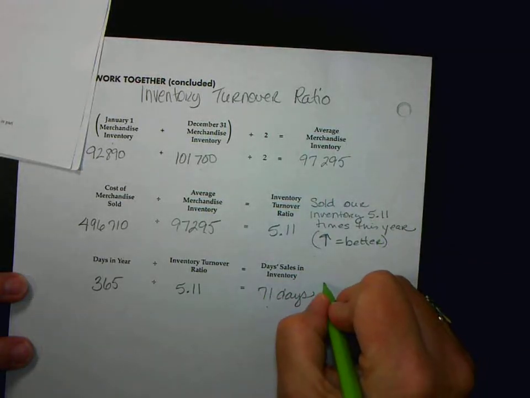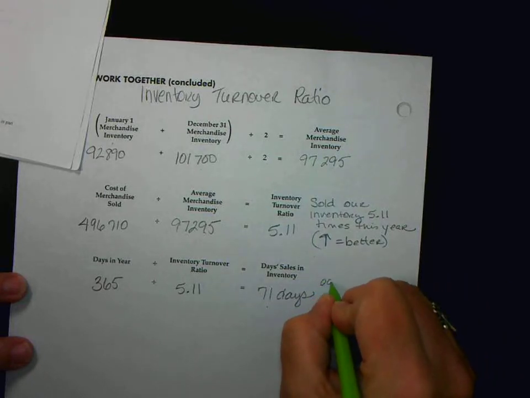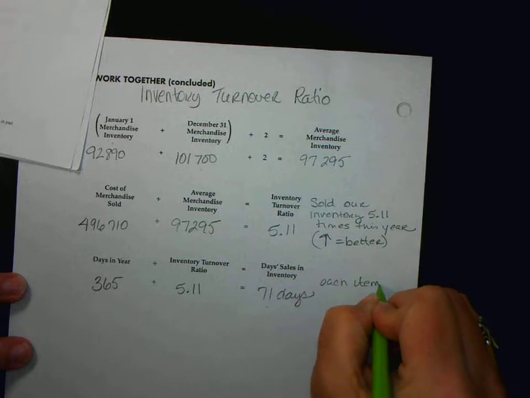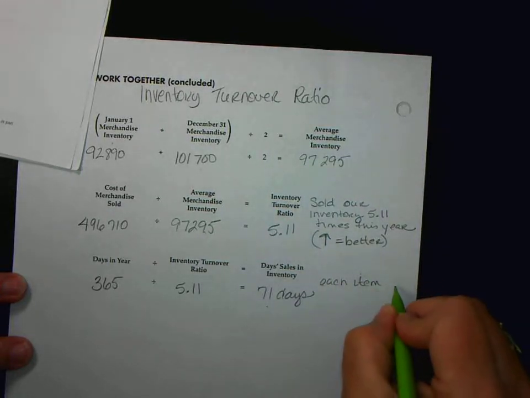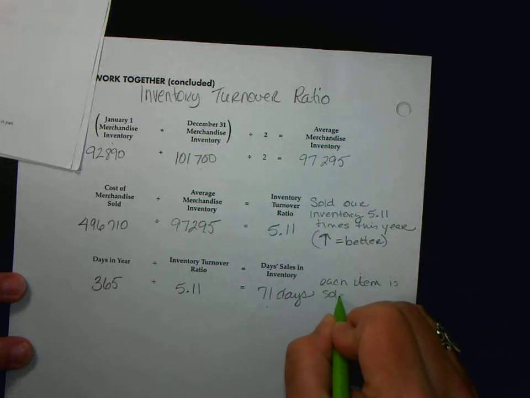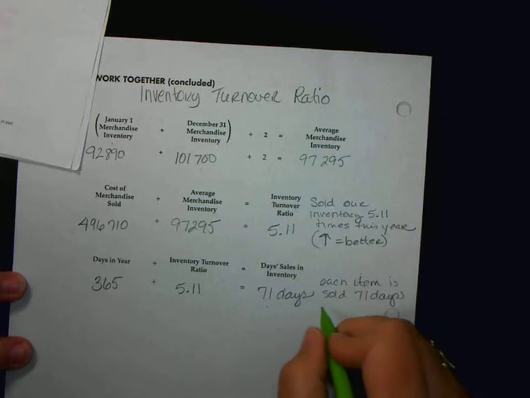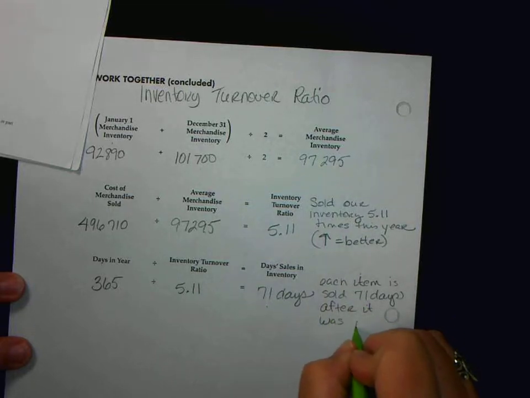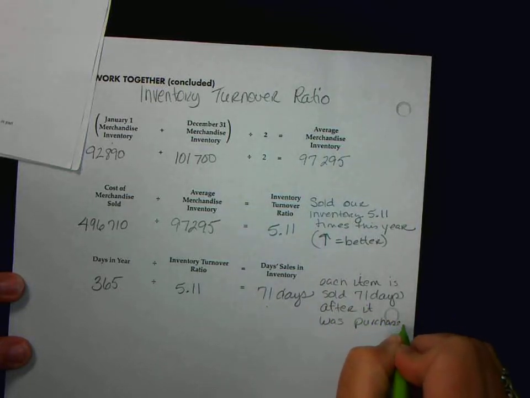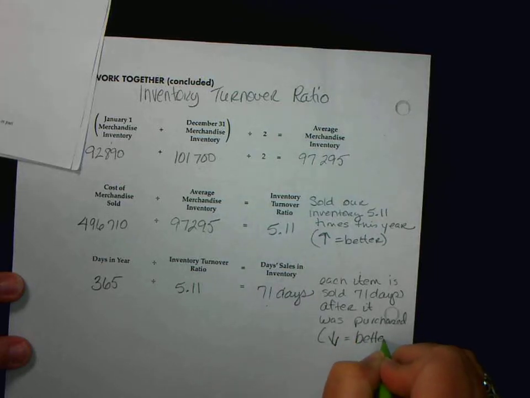Okay, so each item, and this is average, these are estimates, each item is sold 71 days after it was purchased. Okay, and here, lower is better.